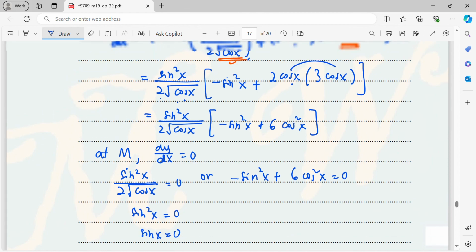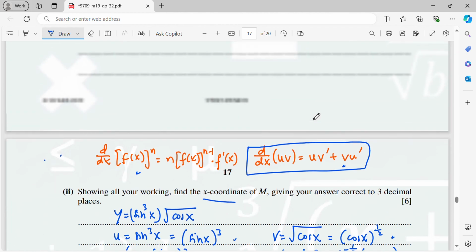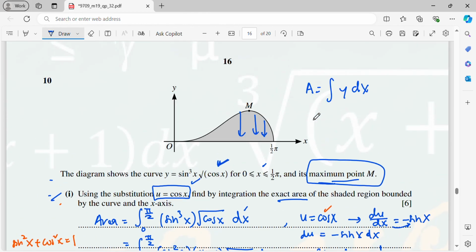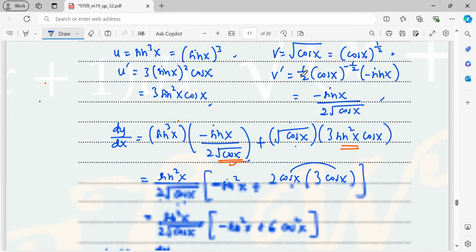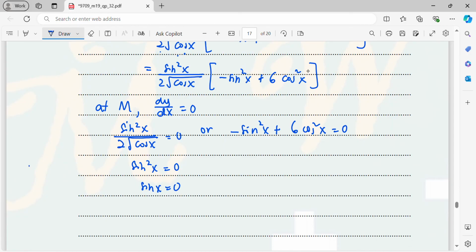Then now, look at the graph. The x is defined from 0 to half pi. And then obviously the m is not 0 because it is on the right side of 0. So when sine x equals 0, now you refer to the sine graph. That means it will be at 0, pi, and 2 pi.